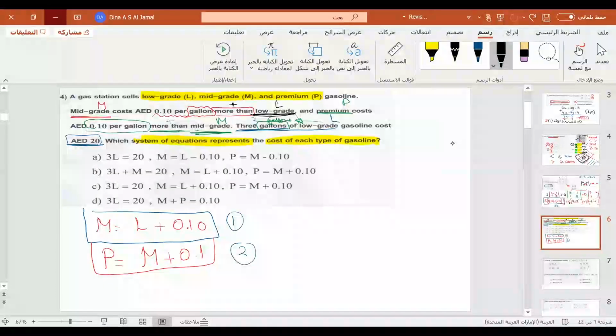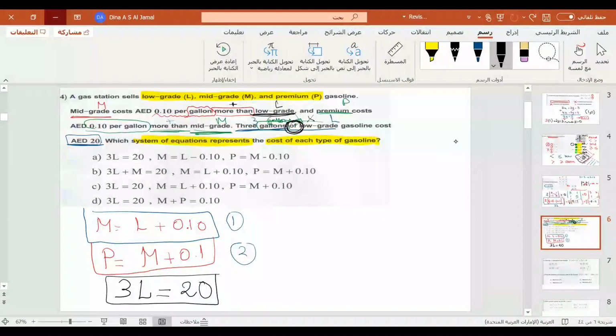So he told you that if you are taking 3 gallons of, remember, multiplication. So 3 from the low will be equal to 20. And this is your third equation.